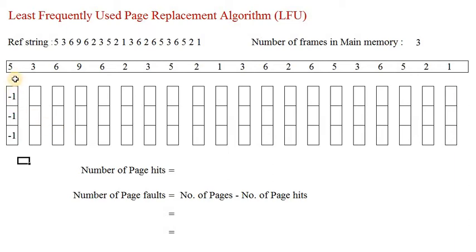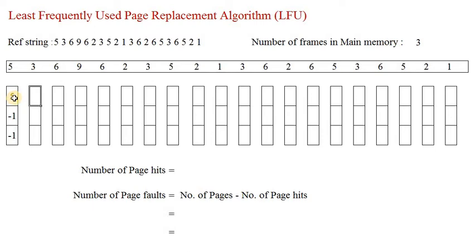For our convenience, I'm repeating the writing of this reference string, 5 3 6 9 6 and so on. Now for the first iteration, I need to insert the first page, that is 5, into the main memory. All 3 frames are free, so I'm inserting 5 in the first frame.